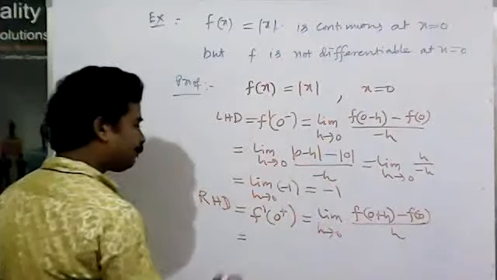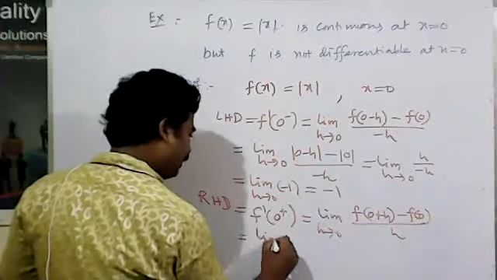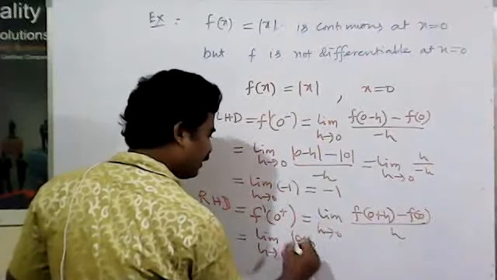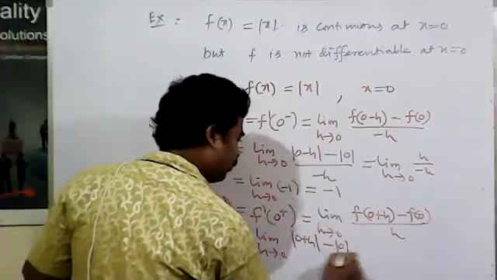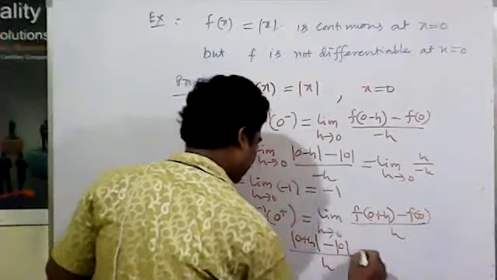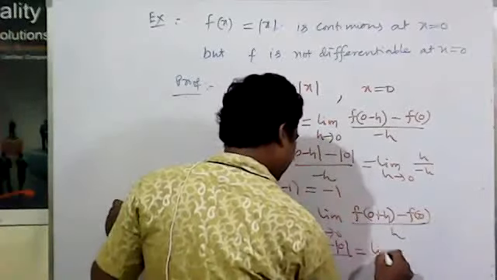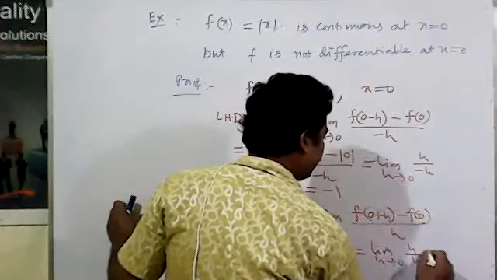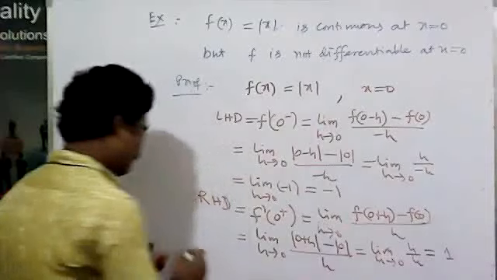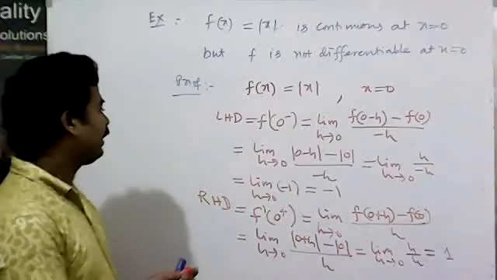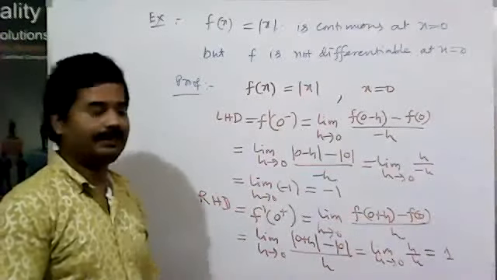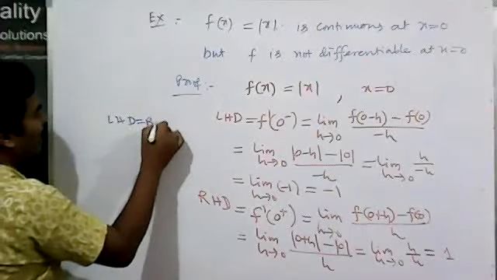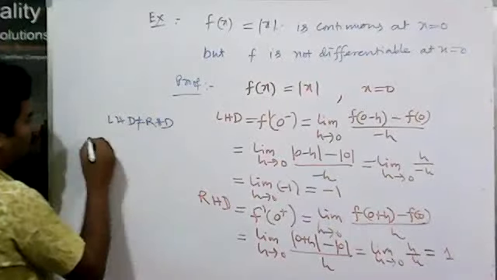That means limit h tends to 0 of (modulus of (0 plus h) minus modulus of 0) divided by h, that is equal to limit h tends to 0 of h by h, which comes to 1. Here, LHD is not equal to RHD.